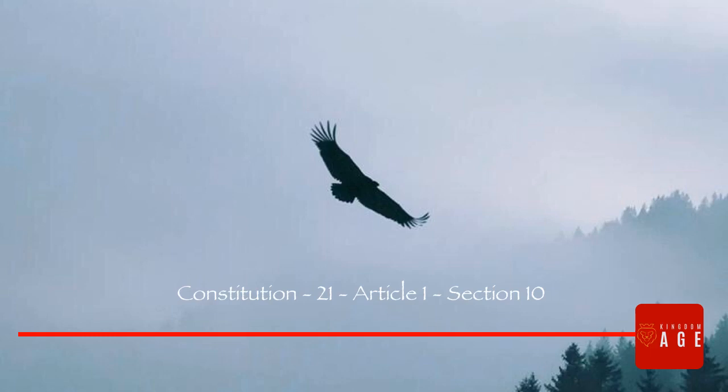Under the Articles of Confederation, both the Continental Congress and the states had the authority to coin money, but only Congress could fix a law on the value. The evident intention is to give that power exclusively to Congress under Article 1, Section 8, Clause 5.